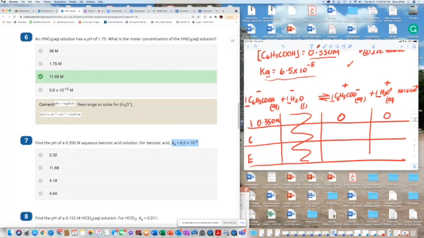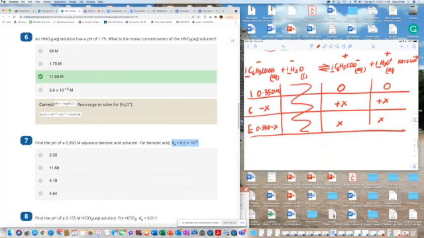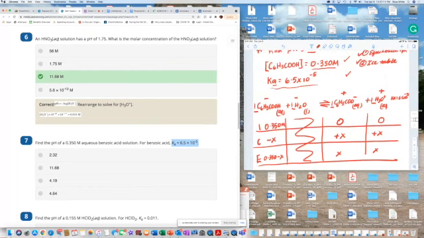So for the change, you write minus x for the acid, and for the products you put plus x, because products are being made and reactants are being consumed. Equilibrium amounts, you add the two. We have 0.350 minus x, leaving the M out, and x, and x.